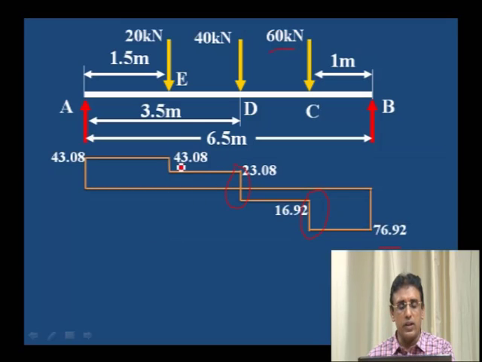From 43.08 minus 23.08, 20 drop. This vertical drop should be equal to the point load value, and at the support it is the reaction value. Here 43.08 is the RA value, 76.92 is the RB value.